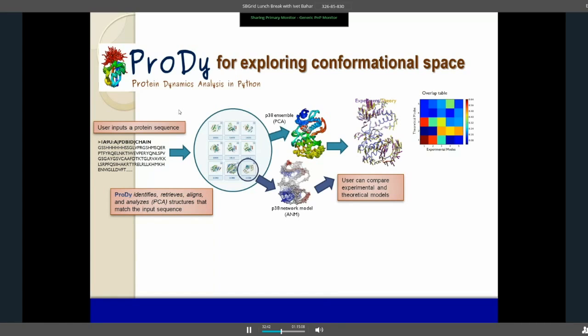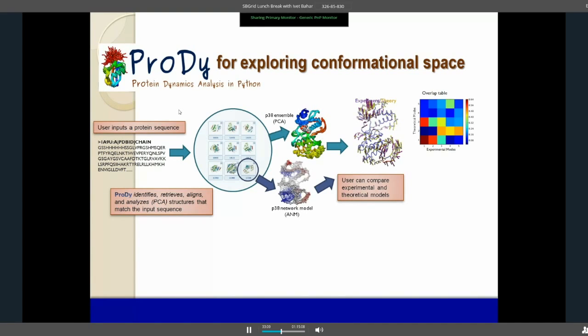I'm sure many of you are familiar with principal component analysis, so I'm not going to go into the details, but essentially, we are reducing this complex ensemble of various conformers into a reduced space, projecting them, if you like, where we can visualize the most prominent, the most important changes in structure.